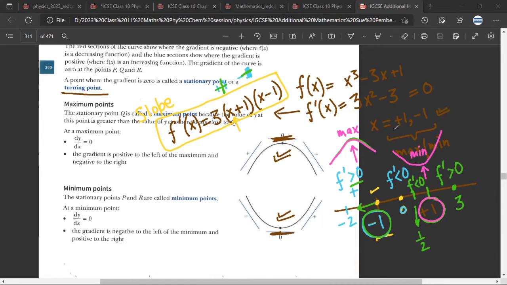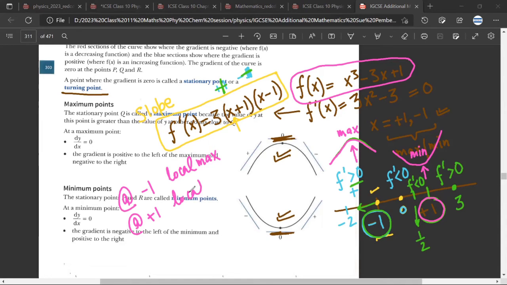So what I have analyzed is that for this function, Avantika, at point -1, basically point -1 would be the point of local maxima, and point +1 would be point of local minima. Is it making sense?